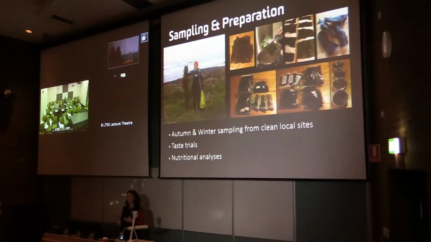And so we mimic those processing procedures so that we can compare like with like. And we figured it's most likely that the processing itself may have an effect on the nutritional value, so we wanted to make sure that we were measuring the end product rather than the start product. So we then use these seaweeds in a range of taste trials, which I'll go on to explain, and then some preliminary nutritional analyses.